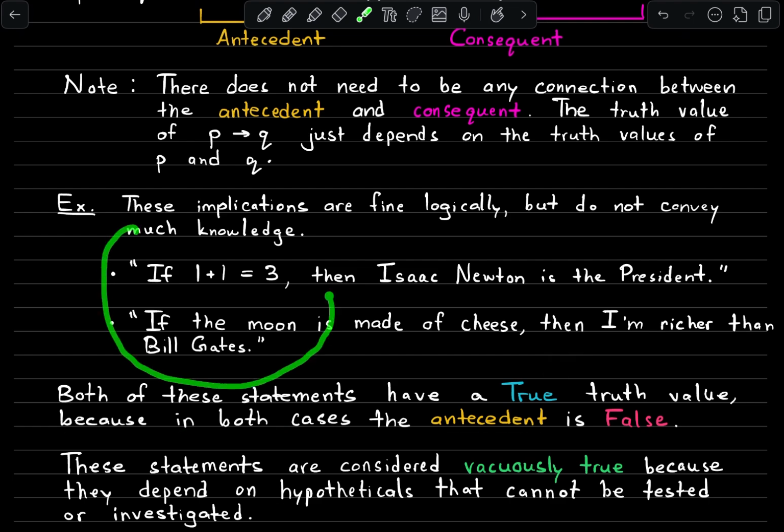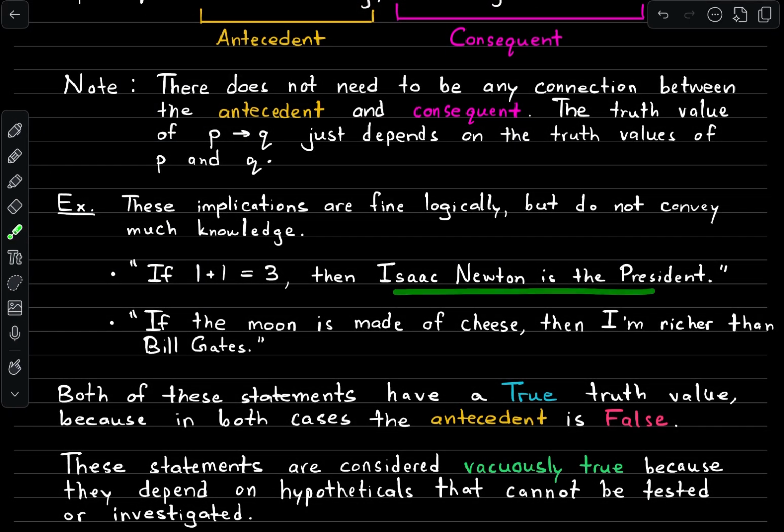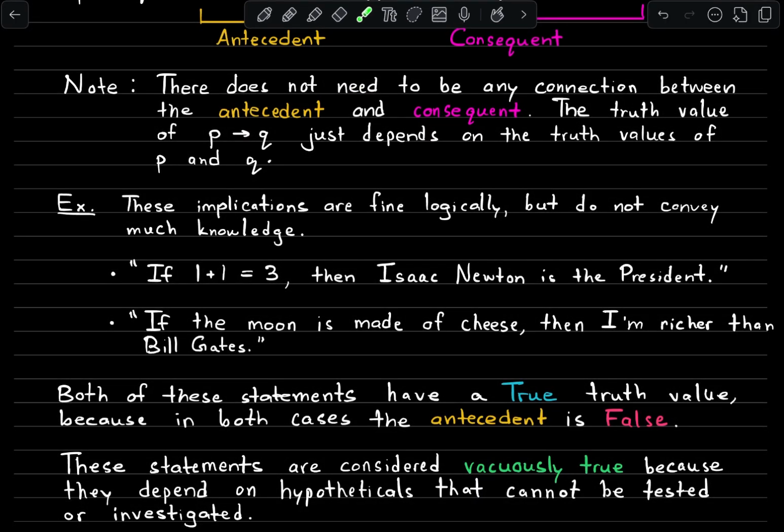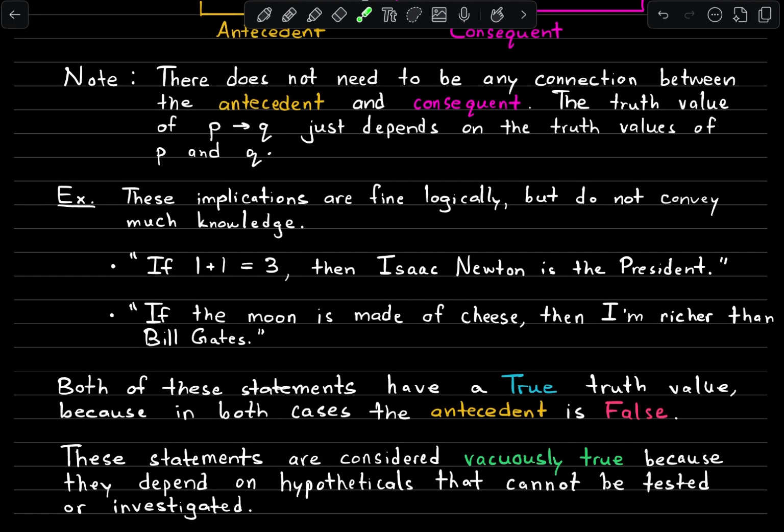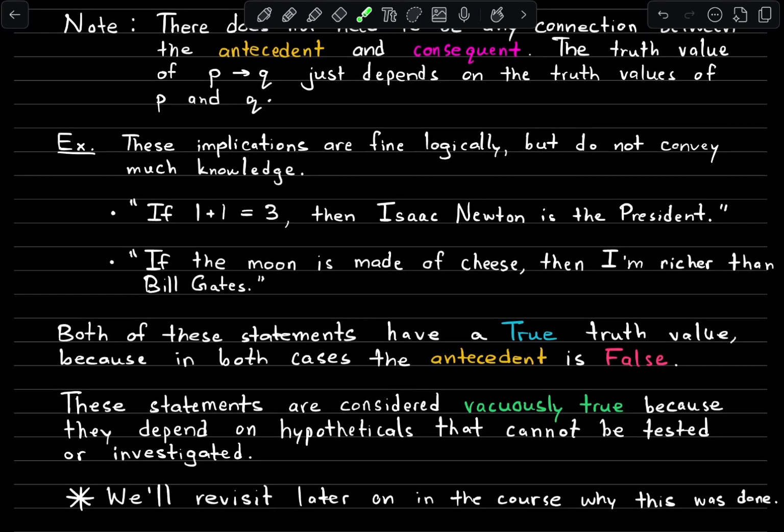So these are nothing more than hypotheticals, right? In some hypothetical universe where 1 + 1 is equal to 3, then Isaac Newton would be the president. In some hypothetical universe, if the moon were made of cheese, then I'd be richer than Bill Gates. Okay? So we just assign these a truth value because it's going to be very convenient to use, and it makes our system of logic complete and consistent.